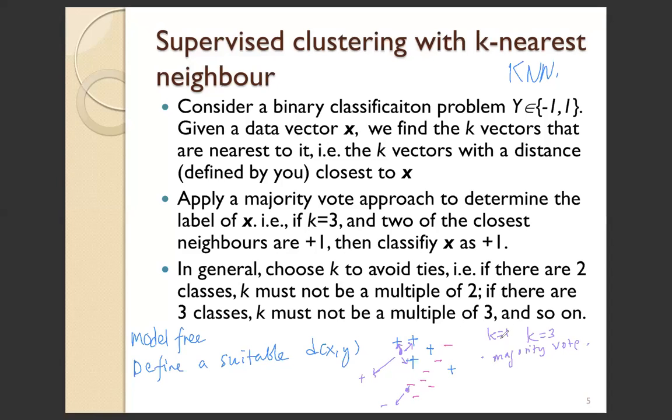Of course you can extend it to k equals 5 and so on. If you extend to k equals 5, the nearest 5 will be maybe this one and this one, so there will be 4 plus and 1 minus. The majority is still plus, so you label it as plus. So it's very simple.